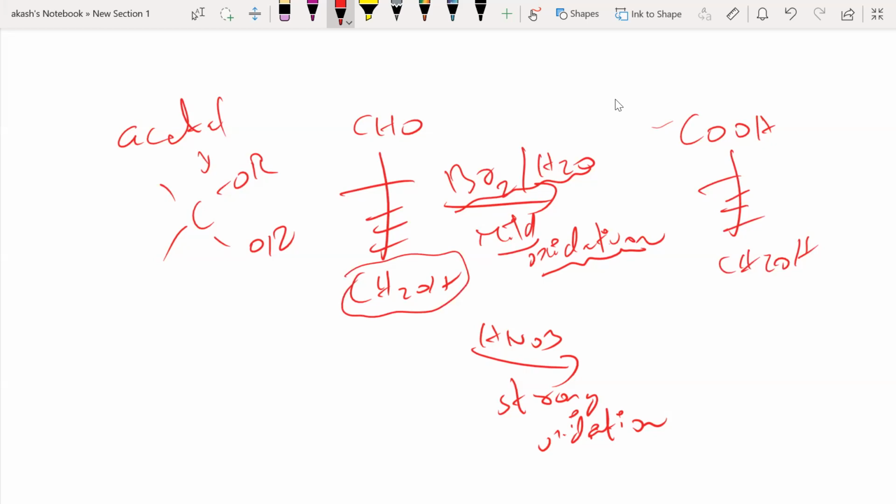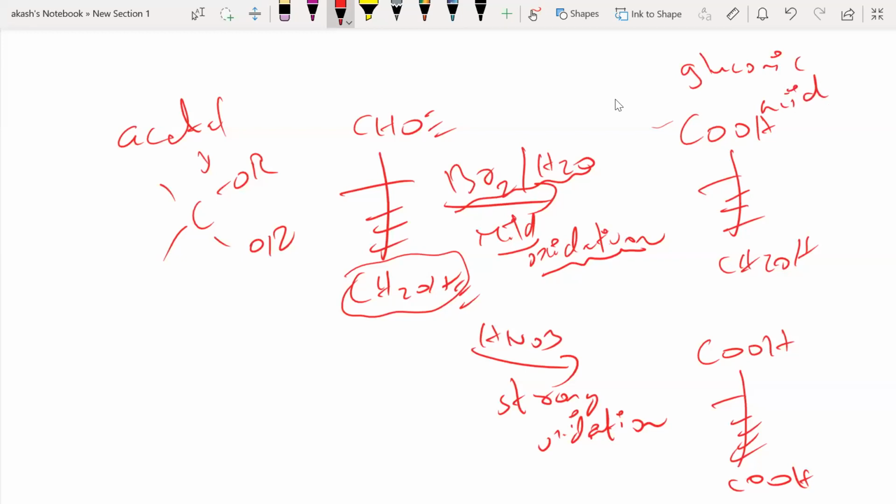But HNO3 is a strong oxidizing agent. It will oxidize both the aldehyde as well as the alcohol to form COOH, something, COOH. I think this is what is called gluconic acid. I forgot the names, guys. All these things you have to know.